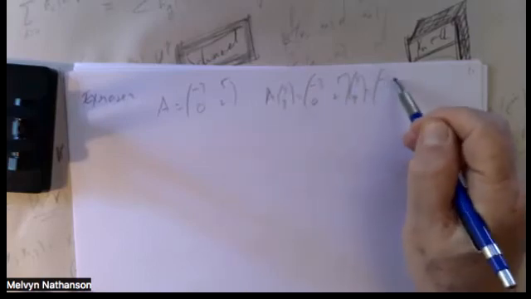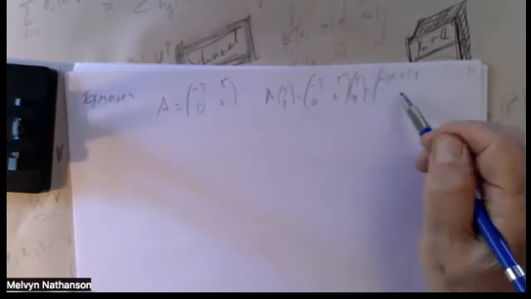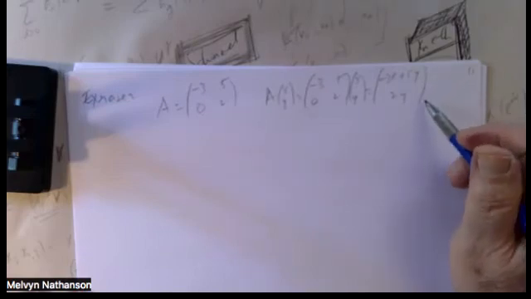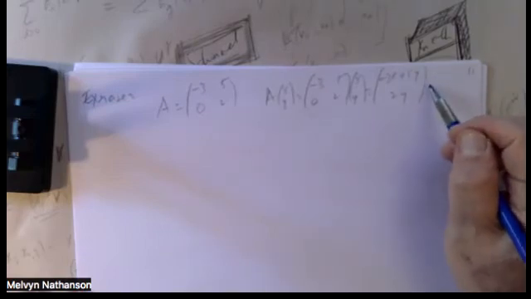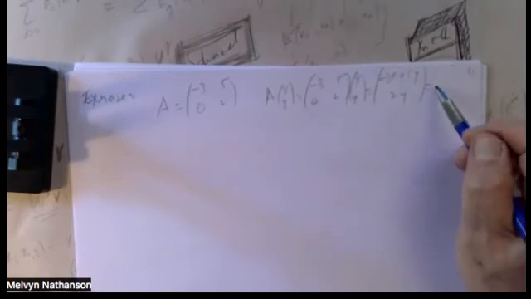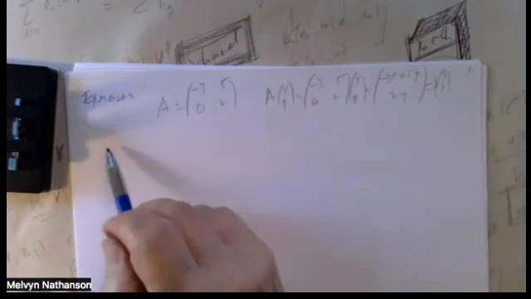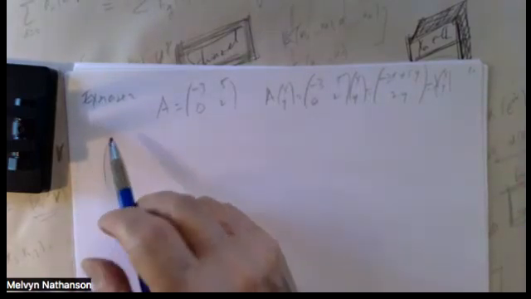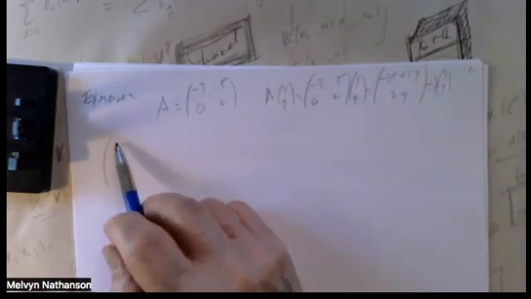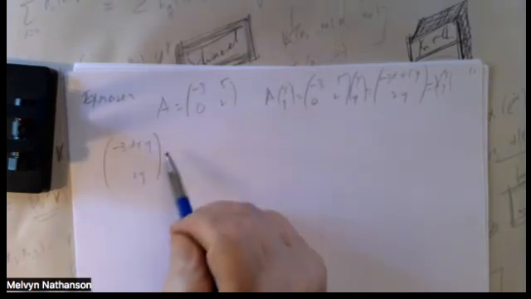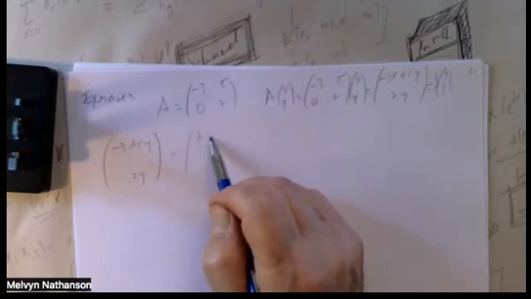This is (minus 3x plus 5y, 2y). And we want to know for what values of lambda is this equal to lambda times (x, y). In other words, when can you solve the vector equation (minus 3x plus 5y, 2y) equals (lambda x, lambda y).